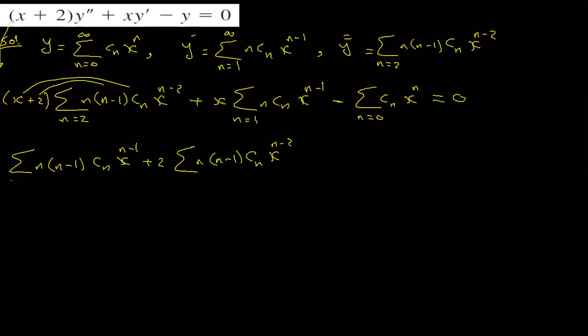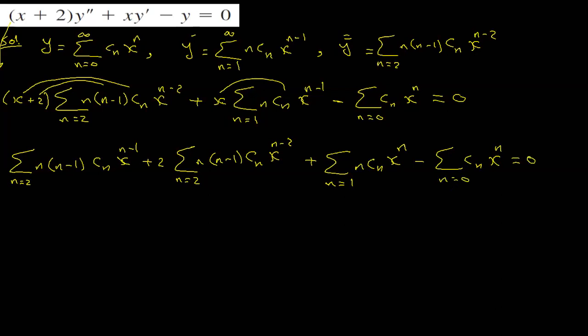Let me write here my index starts from 2 and here my index also starts from 2. Plus, also here multiply the x inside. So you have summation n Cn x to the power n starting from 1 to infinity, minus the last summation, nothing to do for the last summation, all equal 0. Now let me check. Can I take x to the power n as a common factor? No, unfortunately, because I have x with power n minus 1 and n minus 2.